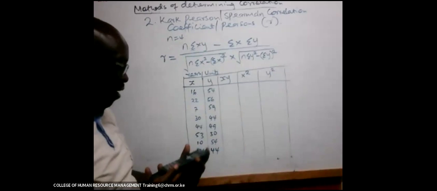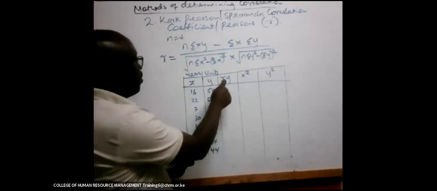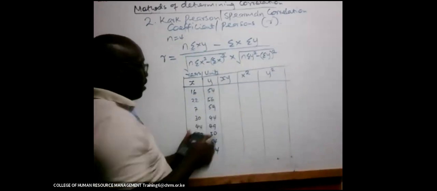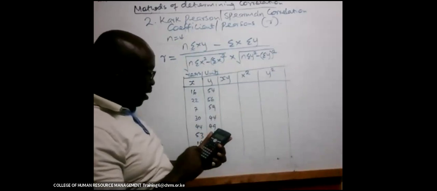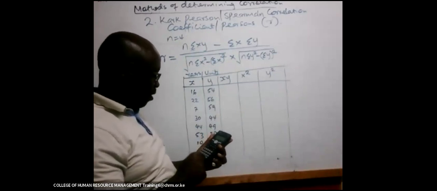I'll come here and say XY simply means X times Y. So I'll be taking 16 times 54.